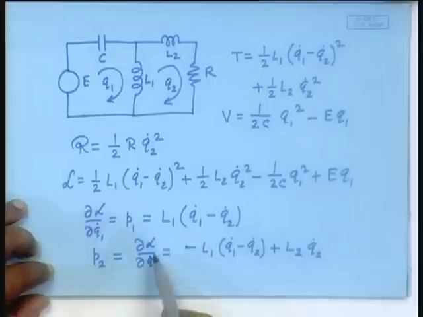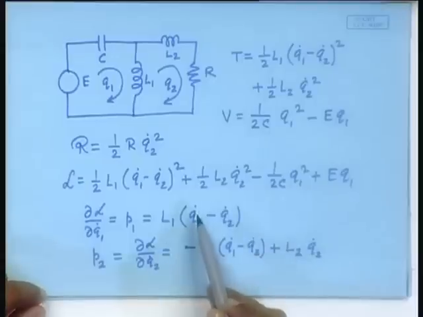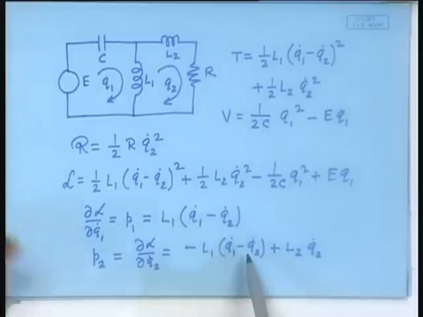Similarly, p2 is the derivative of the Lagrangian with respect to q2 dot, which is this. Now, in this case q1 dot and q2 dot are not directly given. So, they are mixed up, but you can see these are two equations, and you can very easily extract q1 dot and q2 dot from these two in terms of p1 and p2, can't you do that?